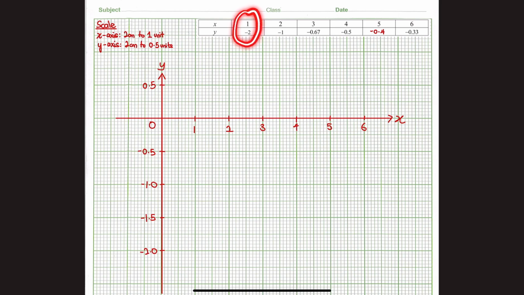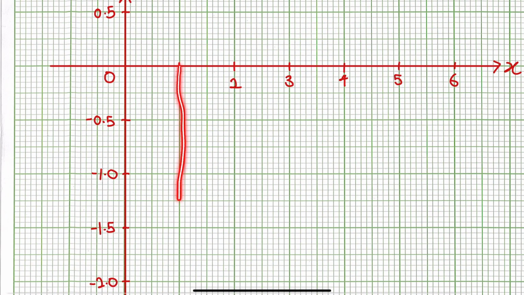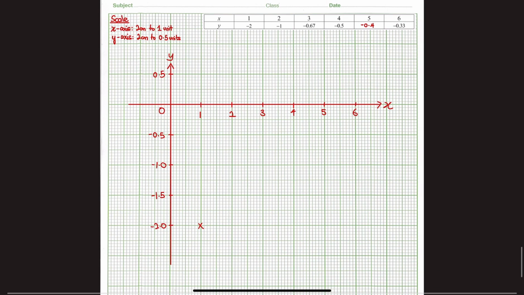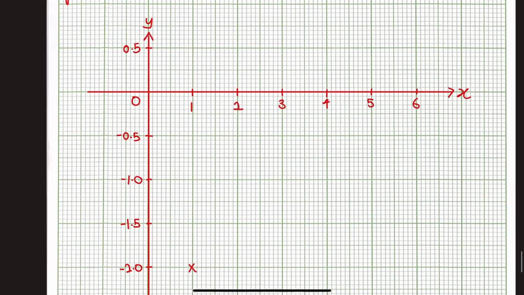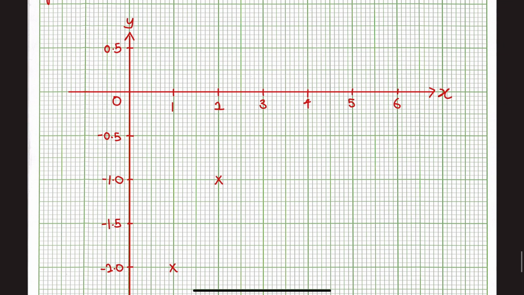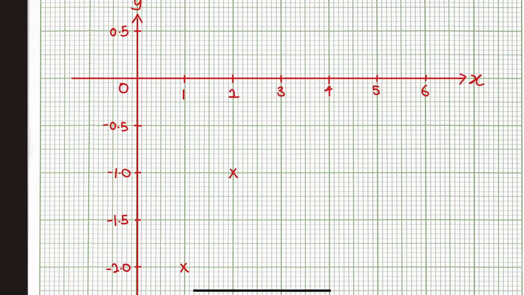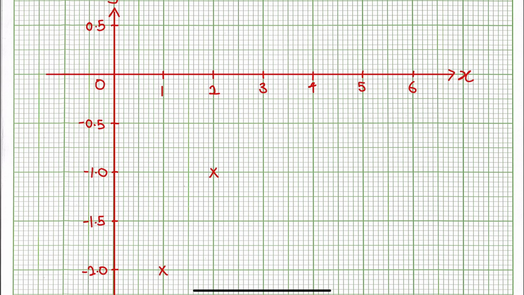When x is equal to 1, y is negative 2, which is this point over here. Okay, next one. When x is equal to 2, y is negative 1. This point here. When x is equal to 3, y is negative 0.67, which is an estimate, this is negative 0.6, 0.7, so it should be somewhere about here.